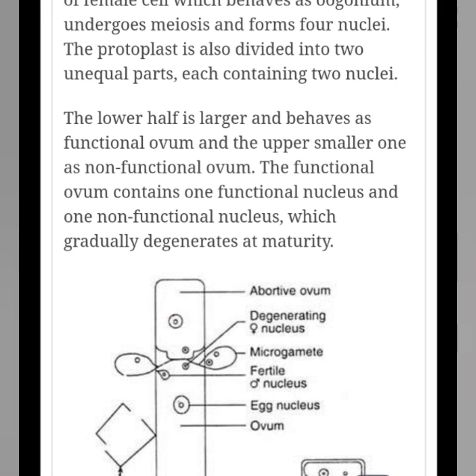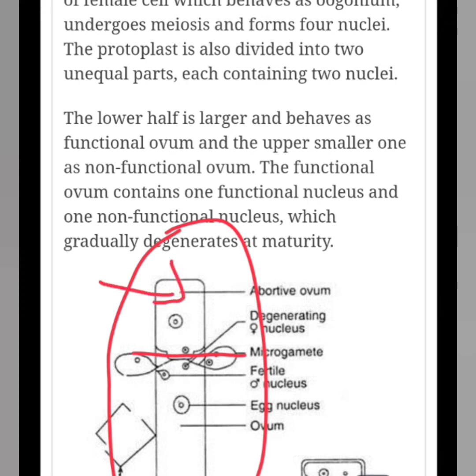So just remember that the oogonium here will divide into two unequal halves, the lower one which is slightly bigger and the upper one which is smaller. The upper one is the non-functional ovum, that is the abortive ovum, whereas the lower one is the functional ovum, and both of these contain two nuclei.